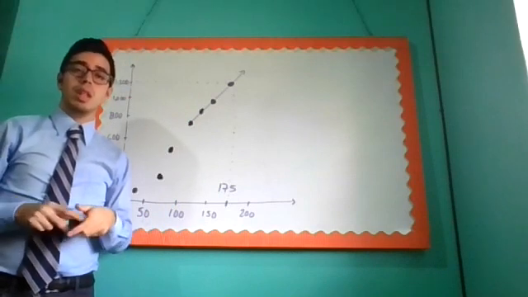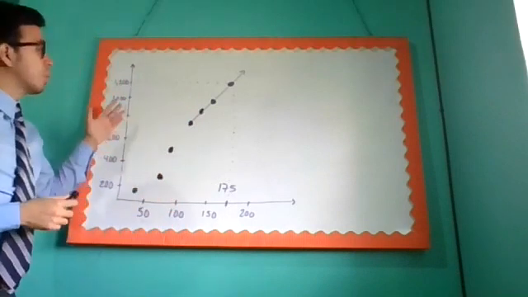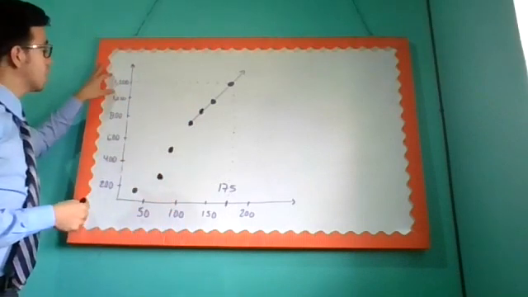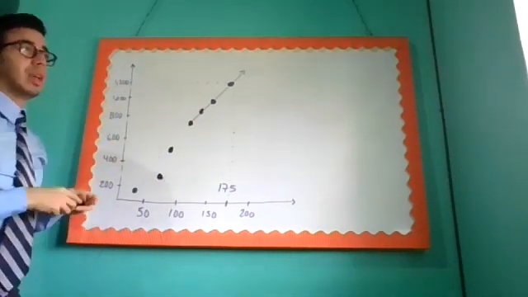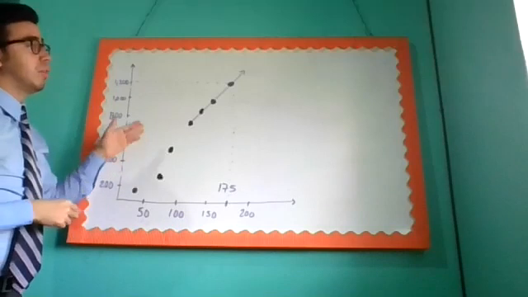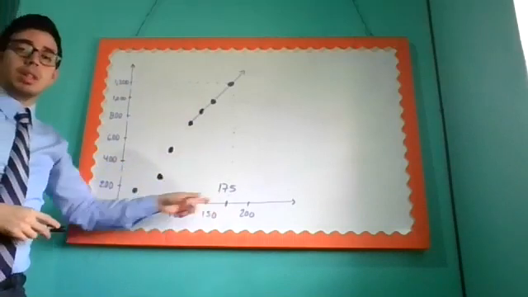Do you understand? This is an approximation using the graph. And the best approximation we have in this scale is 1,200, for 175.